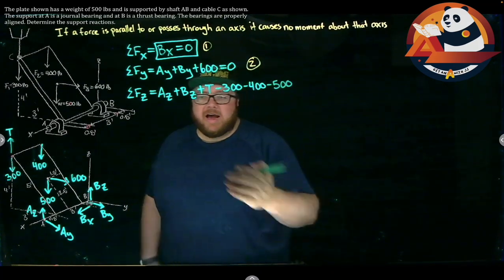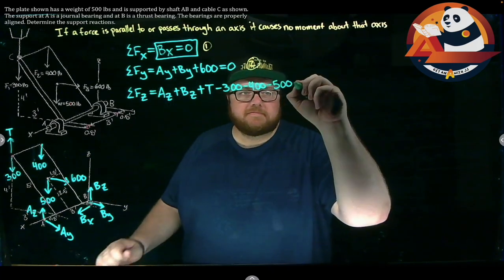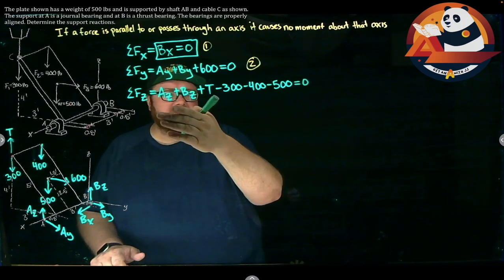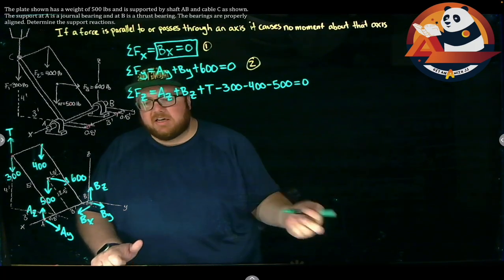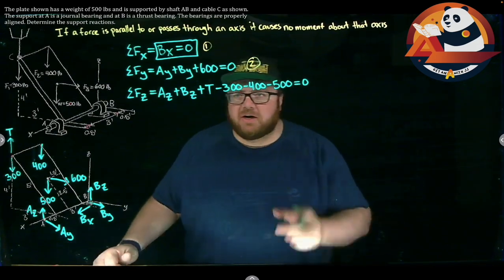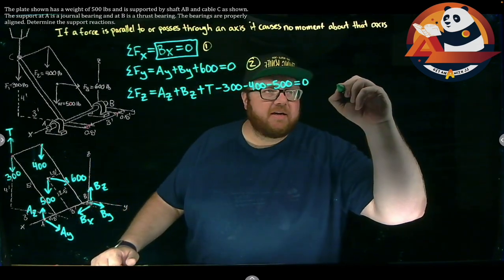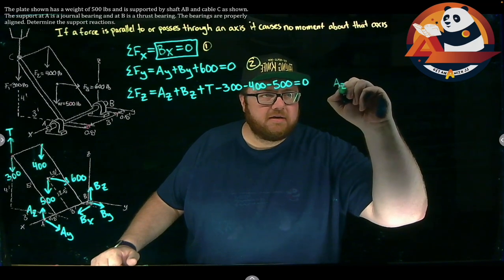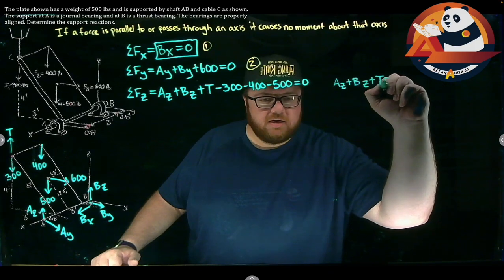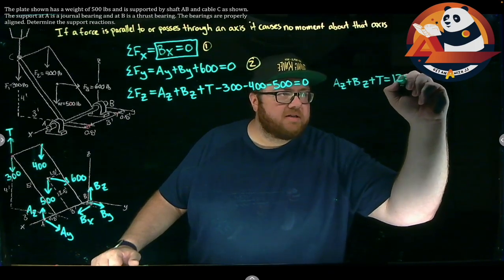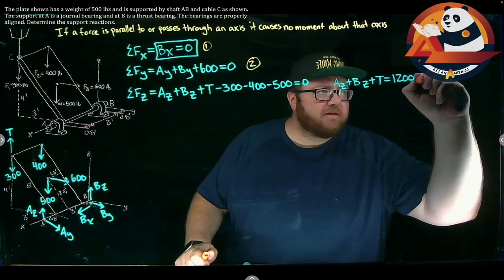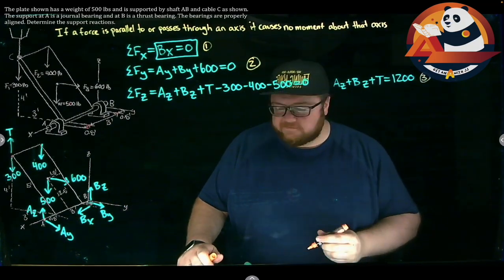And that has to all add up to 0. I'm going to simplify this a little rather than having 3 constants in here. 500 plus 400 plus 300 is 1,200. Let's move it to the other side. We get AZ plus BZ plus T equals 1,200. That's my third equation, equation 3.